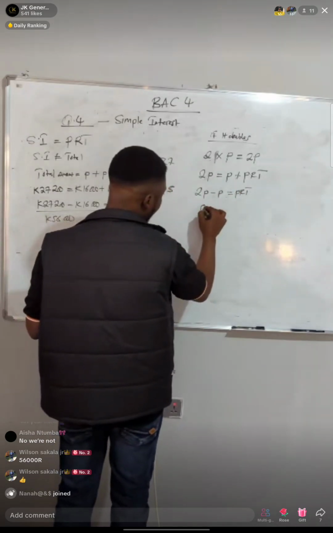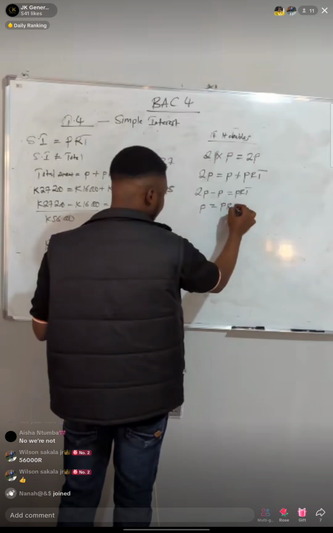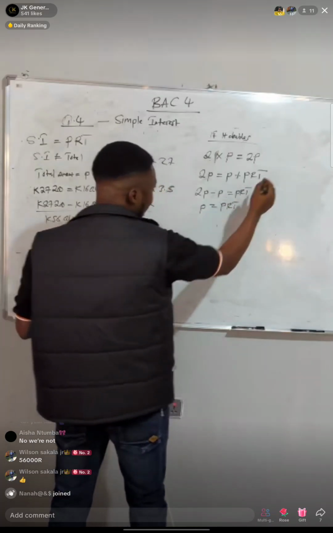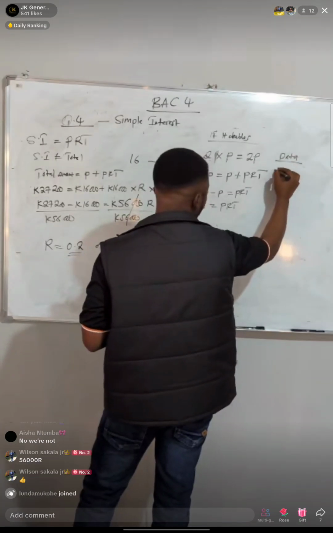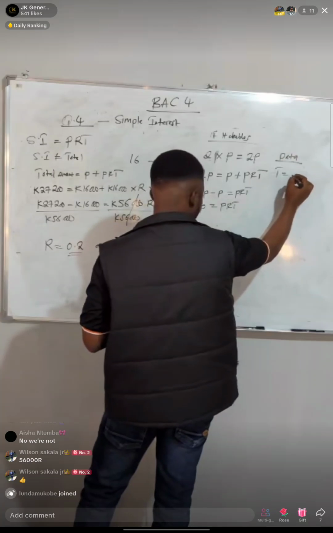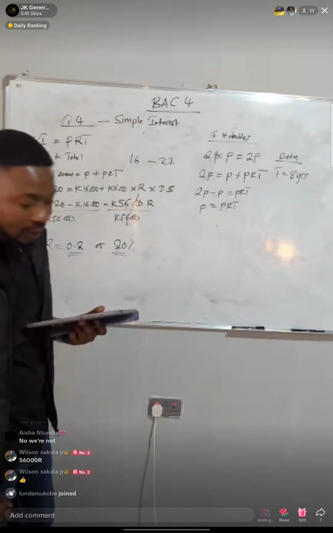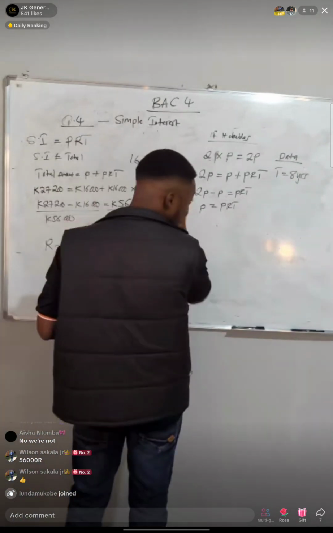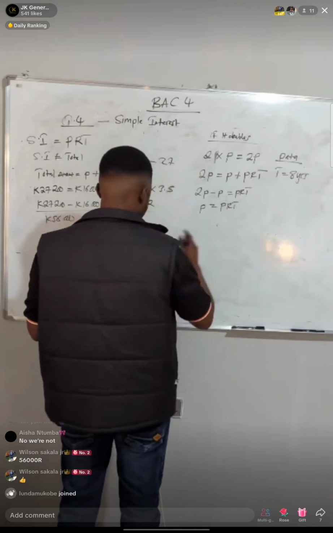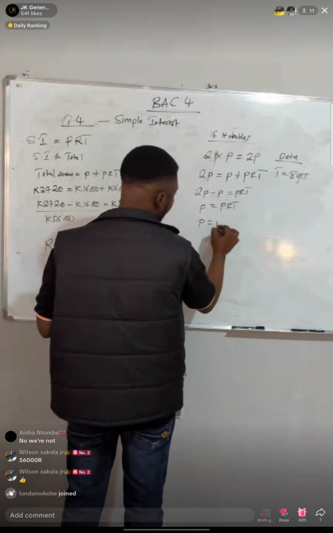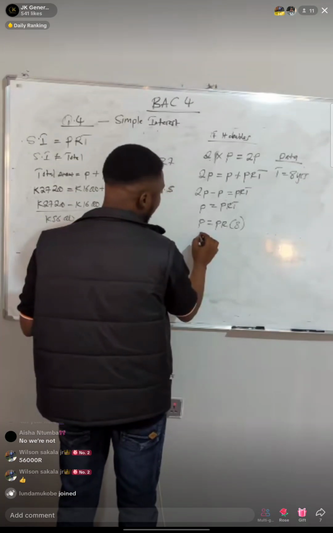This one to be just P there, which equals PRT, and then we are given our T. Our T there we are given as 8 years. So if you check the question, we are given 8 years. So you just come and replace there. P is equal to PR, 8 years there.